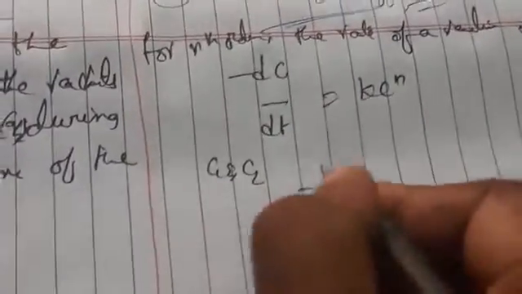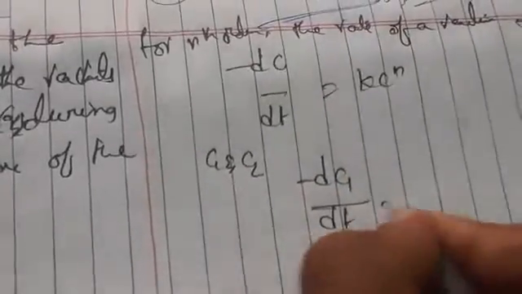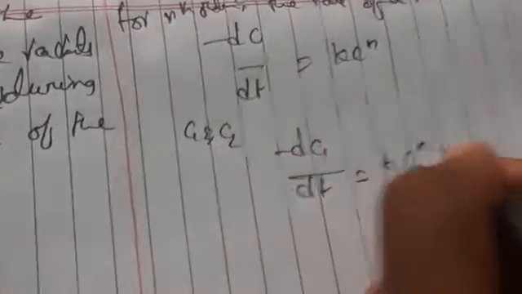Up to now we have seen the direct methods and the half-life period method. But when we consider initial concentrations C1 and C2, what do we get? Minus dC1 by dt equals k C1 to the power n, and minus dC2 by dt equals k C2 to the power n.